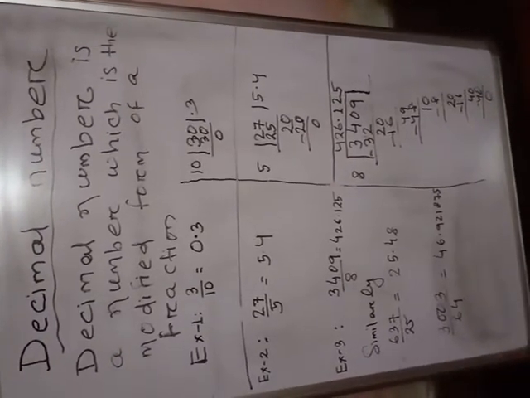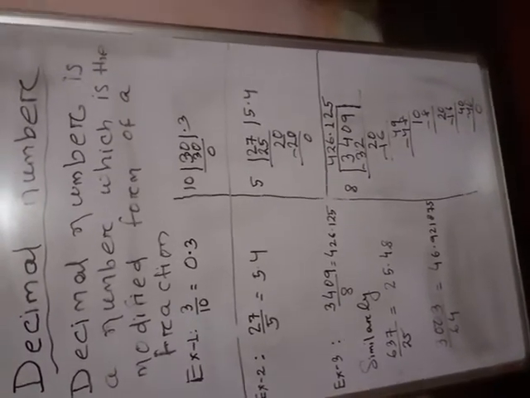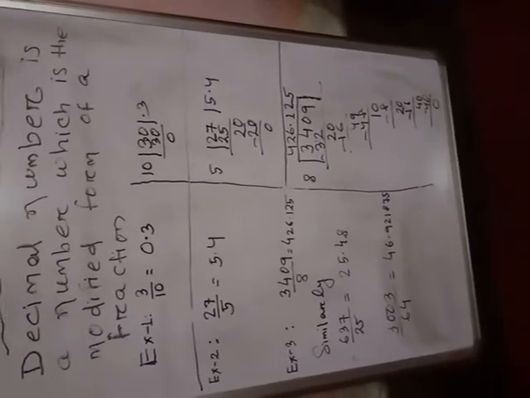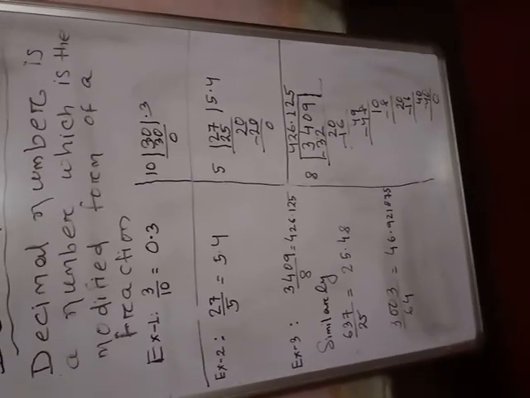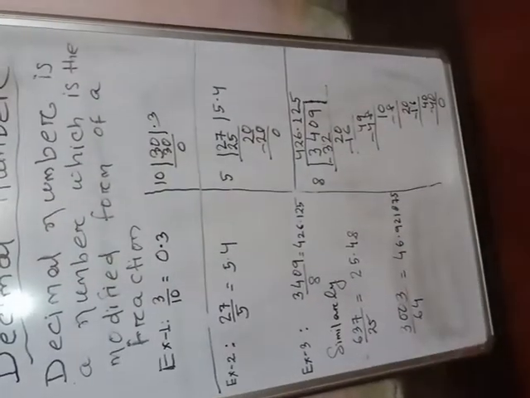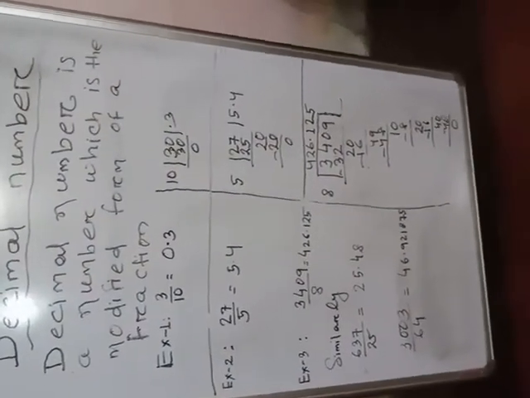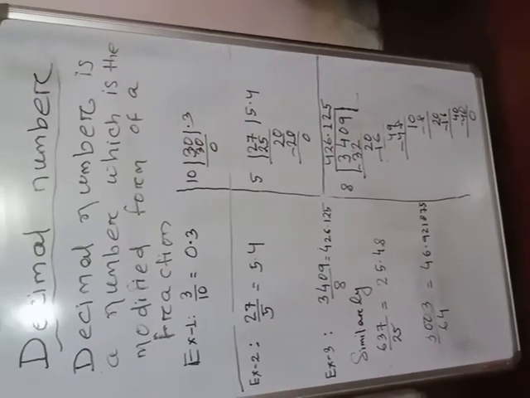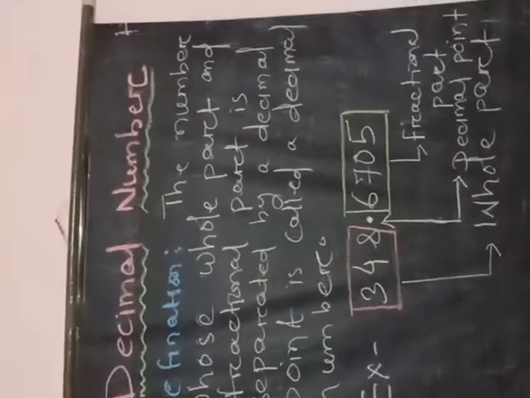Decimal number is a number which is the modified form of fraction. Thus, the decimal number is derived from which number? Fraction. Understood? Look at it again. Thank you.